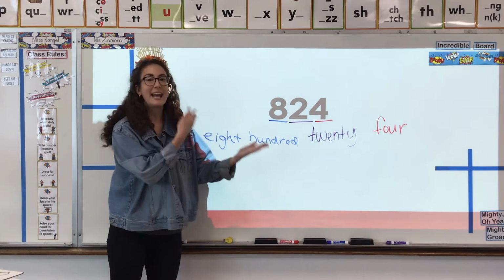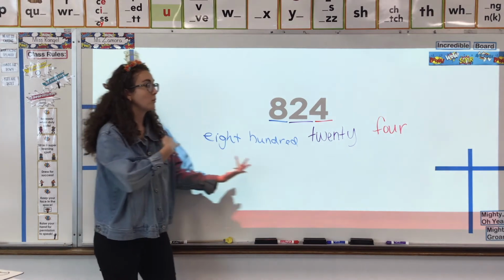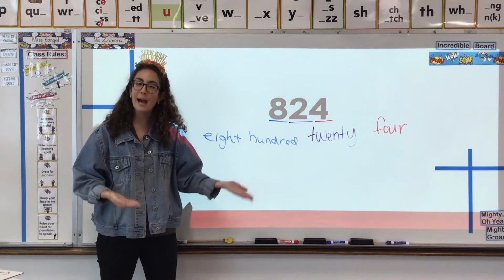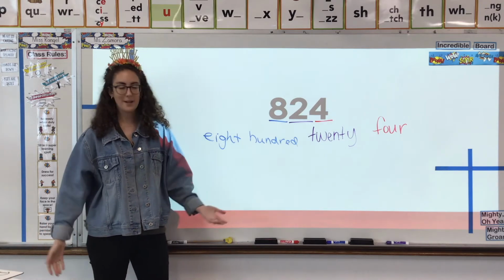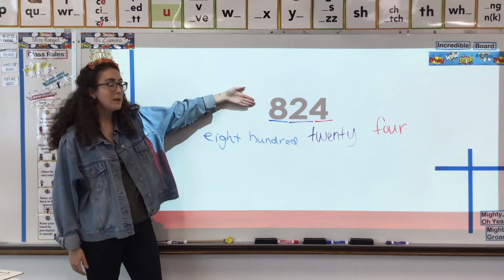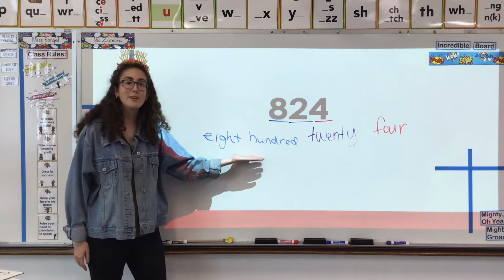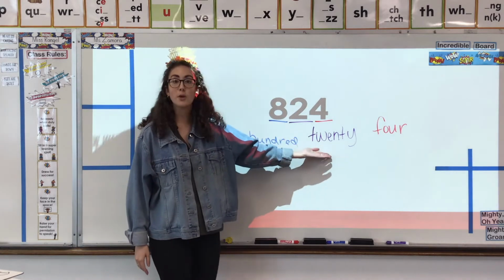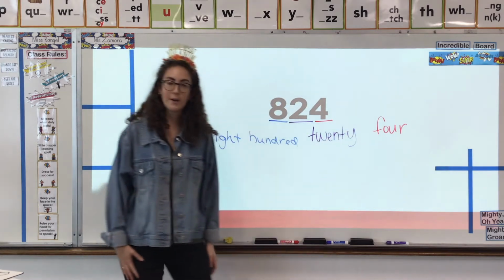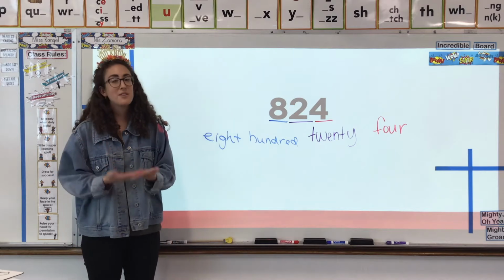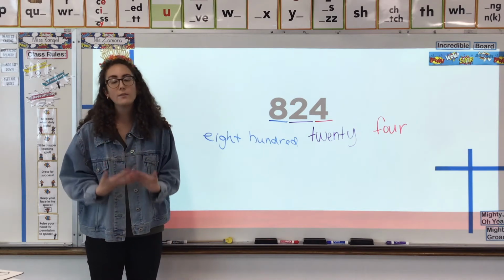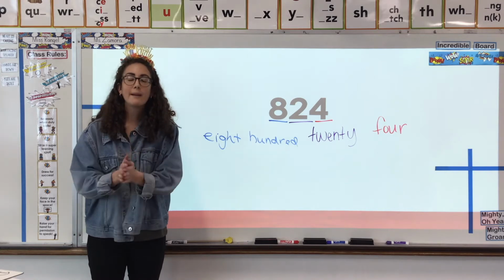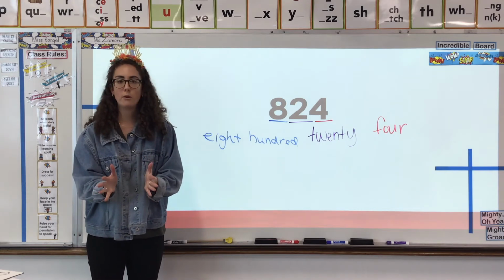Every digit in this number can be written out in words that still express the value of each digit. So when we read this number, these are the words we're saying. 824. And with numbers, like I said, there's a lot of tricky spelling patterns when writing out numbers. So spelling does not need to be your focus.